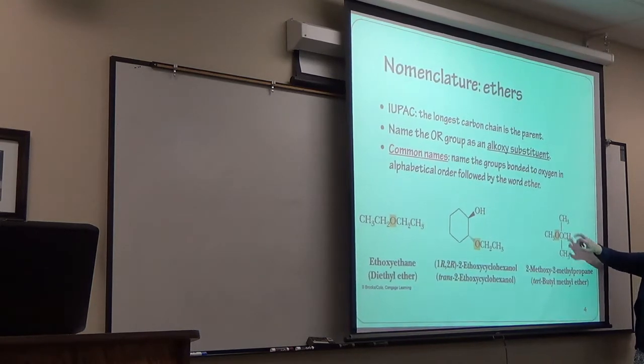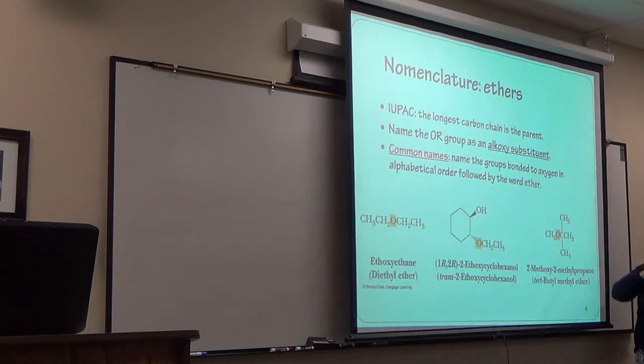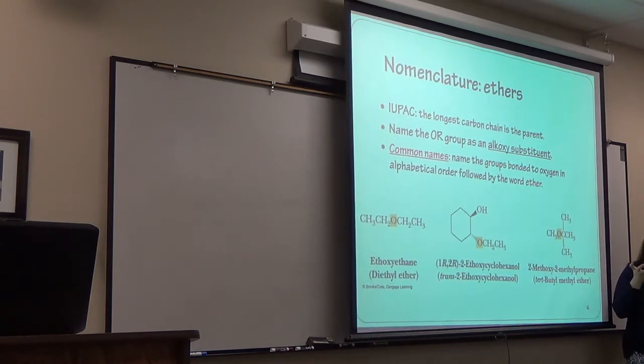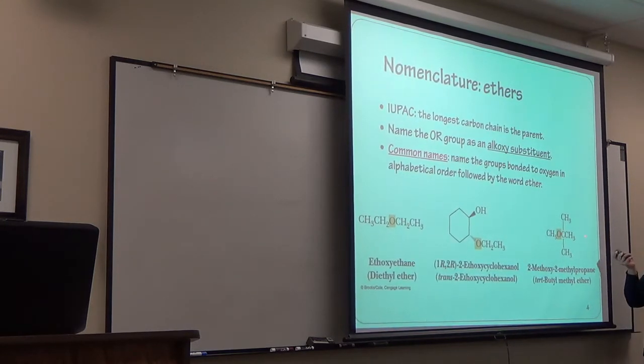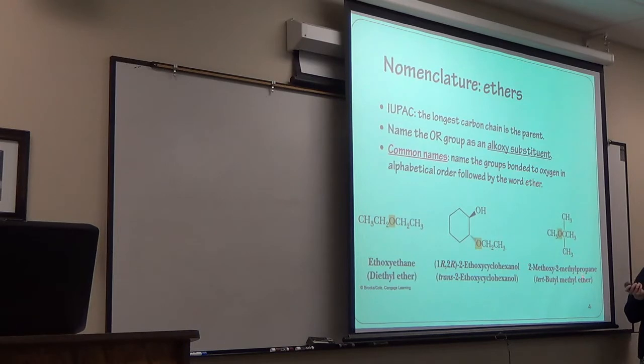The longer chain is 3, but there's also this methyl here off of carbon number 2. So it's 2-methoxy, 2-methyl, and then the propane. That's the IUPAC name, but then you see in parentheses the common names.